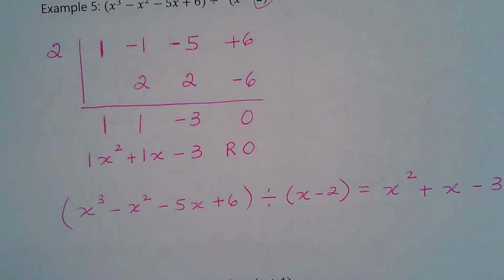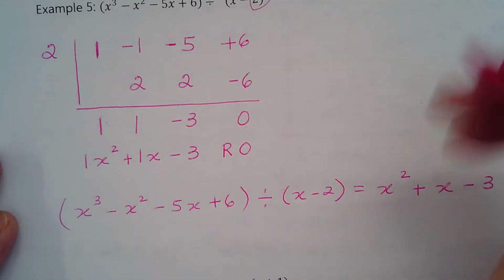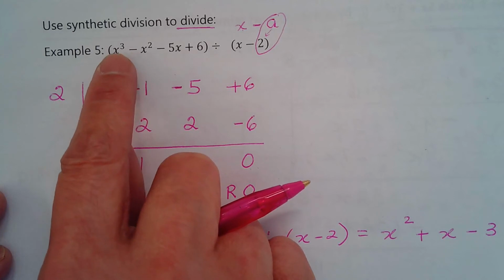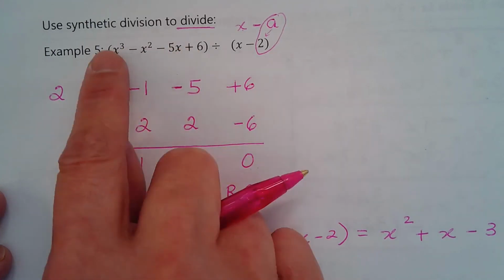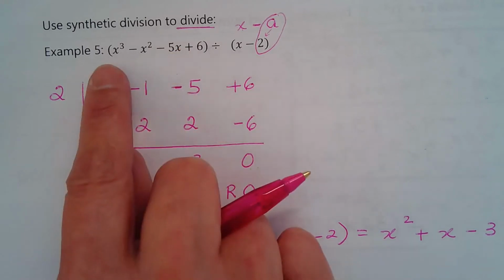I know you're paying attention and just looking at this, so I'm going to recap. What do we do? Step number 1: we need the dividend to be in descending order.